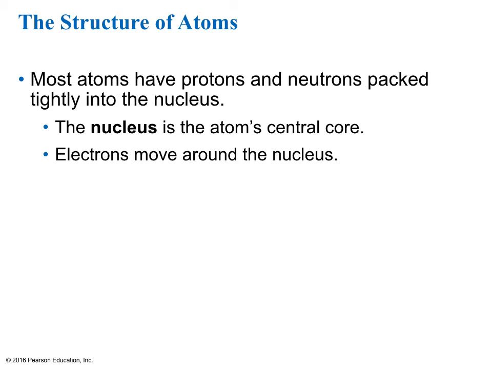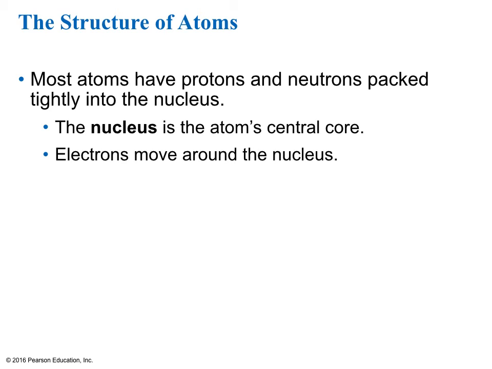So most atoms have protons and neutrons, which are packed tightly in the nucleus. The nucleus is the atom's core, and then electrons move about on the outside. So if you take hydrogen, for example, which is the smallest, simplest element, if it was the size of a baseball, the nucleus, which would be the protons and the neutrons, would be the size of a pea in the center of a baseball field, while the electrons would be a gnat flying around in the stands.